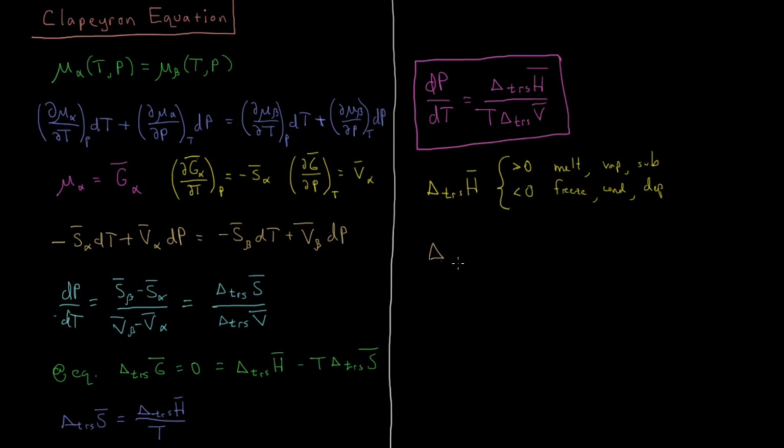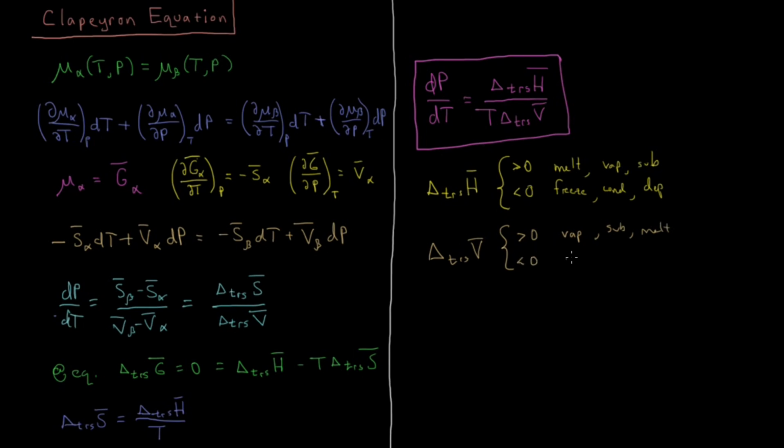And similarly, we have our change in transition volume, or molar volume. That is going to be greater than 0 for vaporization, for sublimation, for melting. Same processes listed up here.